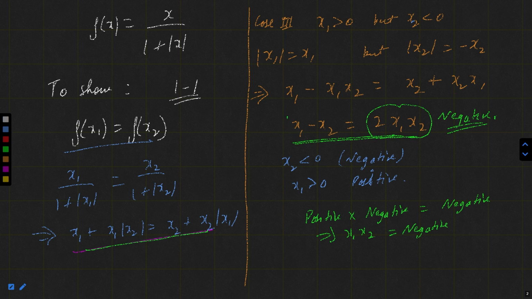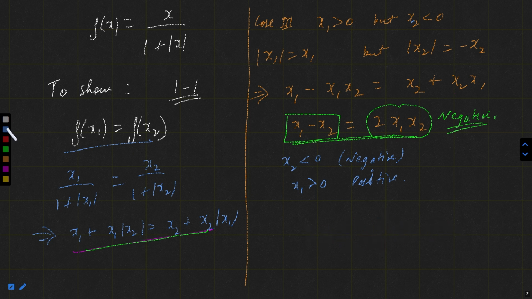Now is this going to be negative every time? Just consider x1 is equal to 100 and x2 is minus 2, just say any number. Now just try to think.